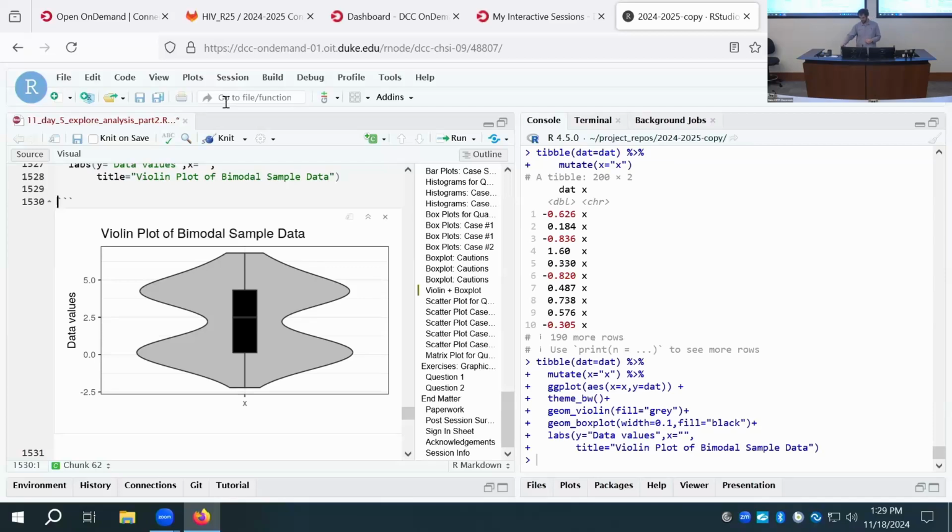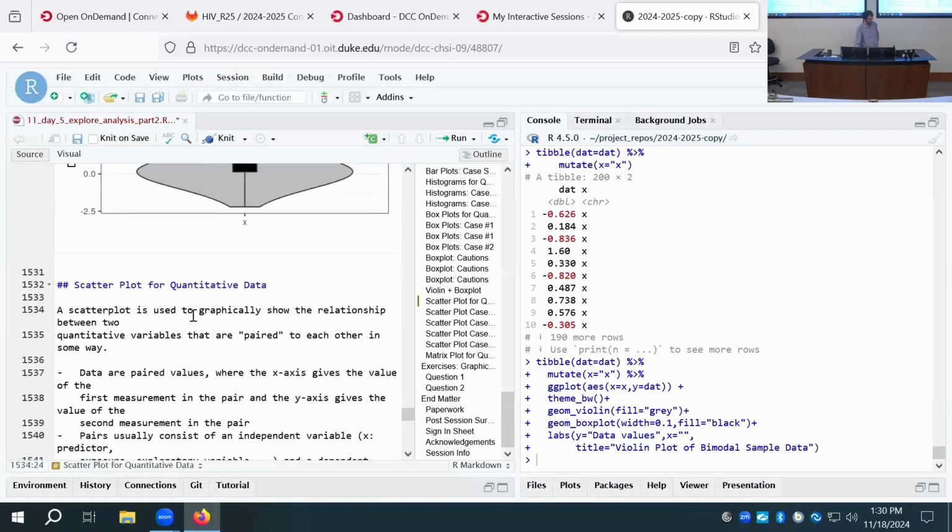All right, so next up, scatter plots. Scatter plots are basically taking two quantitative variables and plotting them against each other. And they have to be paired in some way, right? So I have a height, I have a weight, everyone has two continuous variables.